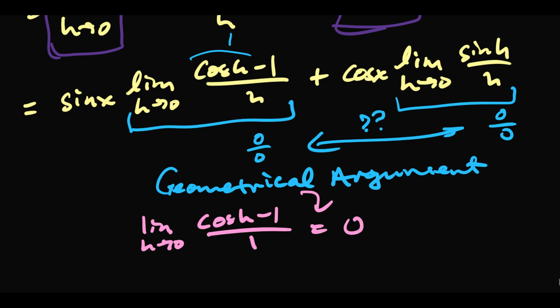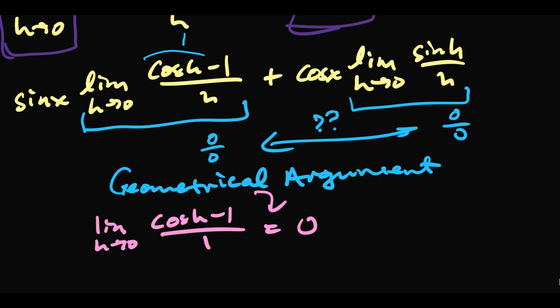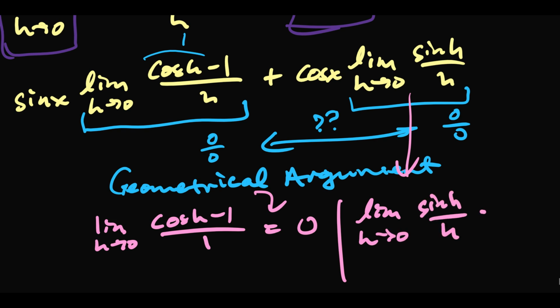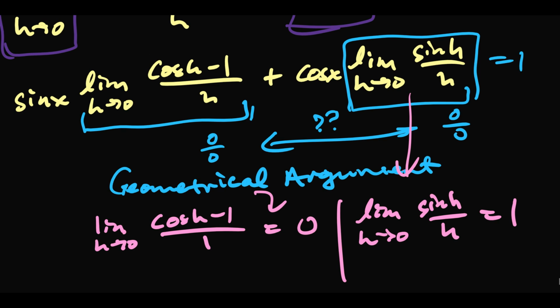And the geometrical argument also shows that the limit as h goes to 0 of sine h over h is equal to 1. So this one here is just 1, and this one here is equal to 0.